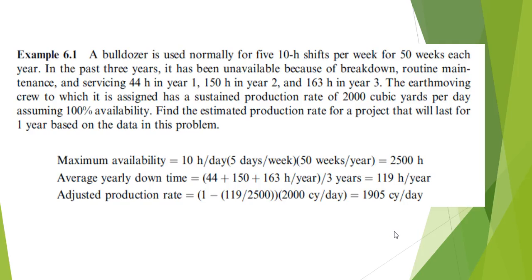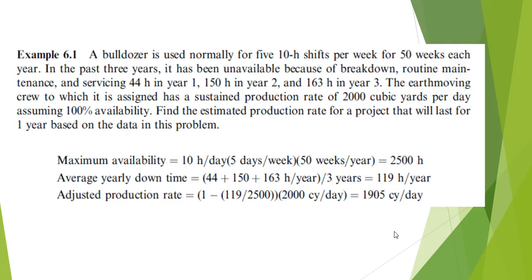In fact, if you look at the numbers, 44 hours the first year, 150 hours, and then 163 hours, as it gets older, it is available less and less time. Again, this might be a symptom of poor maintenance or hard conditions that it's working in, poor operators.